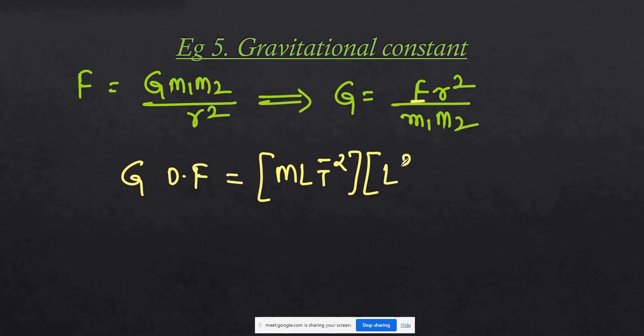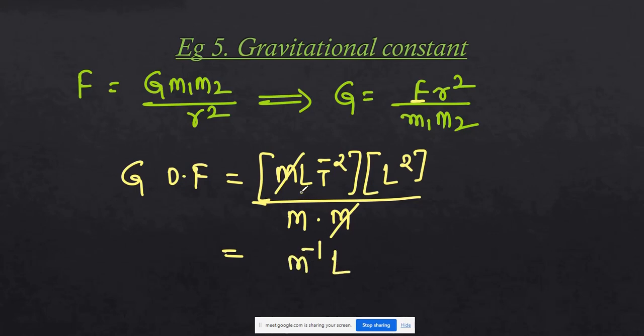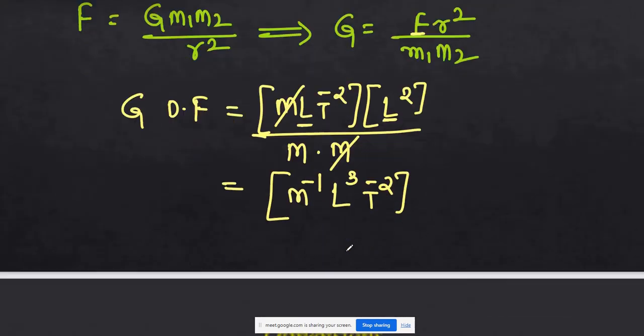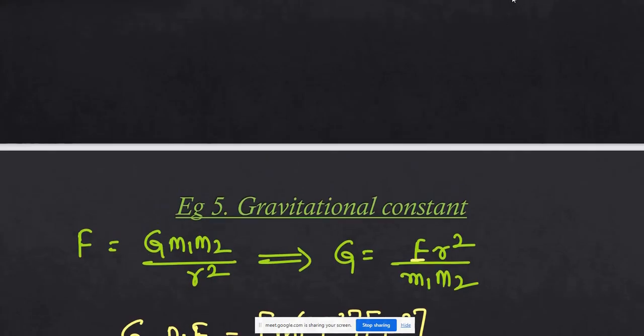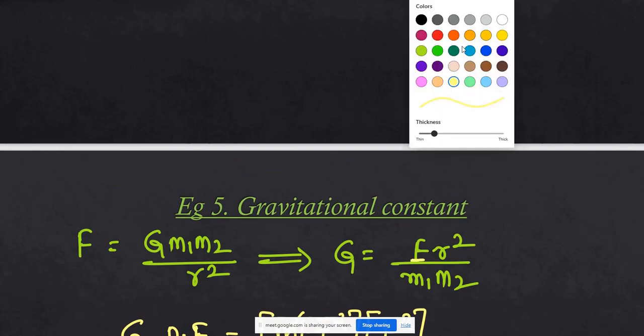Distance means L, so L square. M1, M2 are masses, so M1 is also M, M2 is also M. So what will you get? One M, one M gets cancelled, so M power minus 1. One L, two L, total it is 3 L, t power minus 2. So M power minus 1, L cube, t power minus 2. Clear? Yes, ma'am, clear.